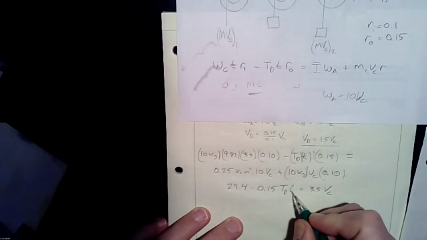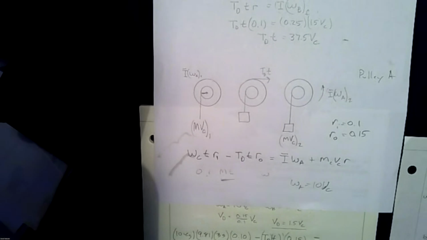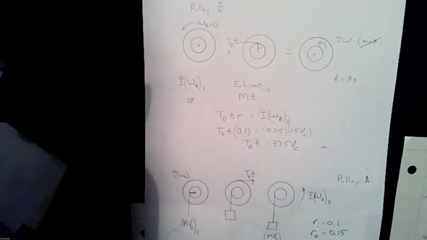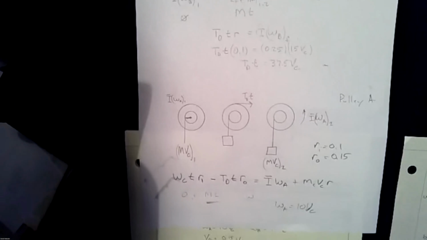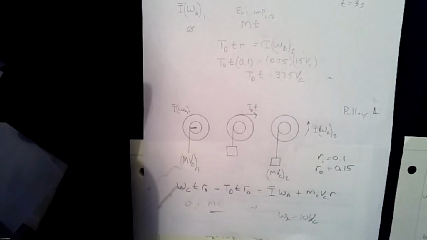If we simplify that, we get 29.4 minus 0.15 TD times T equals 3.5 VC. Now, why did I do that? Because you may recall that earlier I had this equation: TD times T equals 37.5. We developed that from pulley B. Just like all our problems, we usually have multiple unknowns, so we make multiple equations, and then we're able to substitute. So we take the TD times time and substitute 37.5 in that.